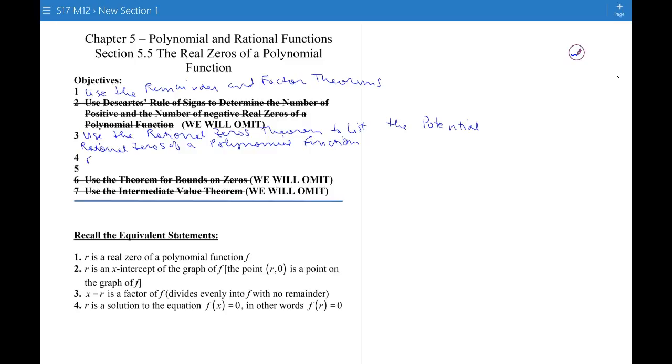Number 4 is going to be find the real zeros of a polynomial function. And then solve polynomial equations.